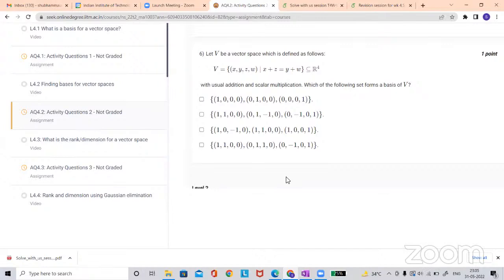Sir, you have said that the column which has a leading entry is the dependent variable, and the columns which do not have a leading entry work as independent. Why, sir? Why is it happening?